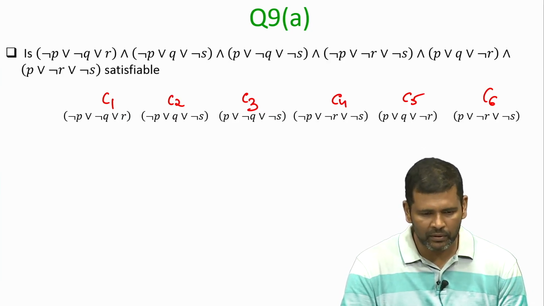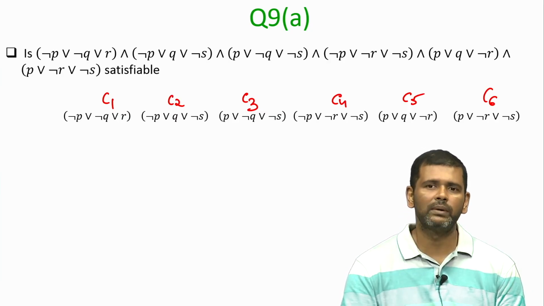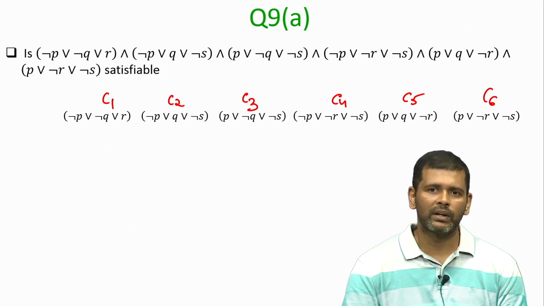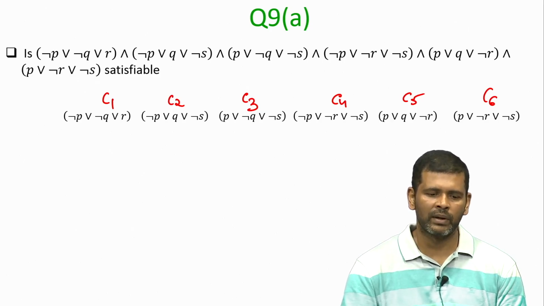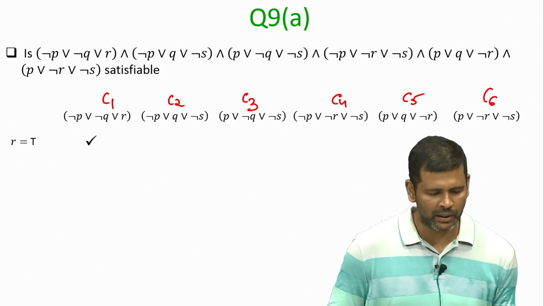Well, if this expression is satisfiable, then there might be many truth assignments which can satisfy all these 6 clauses. Our goal will be to find at least one of them. So, let us try to do that.